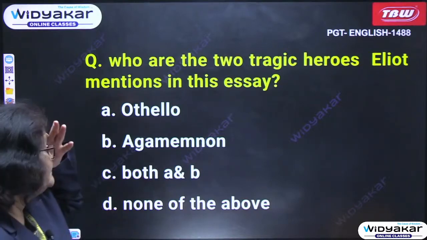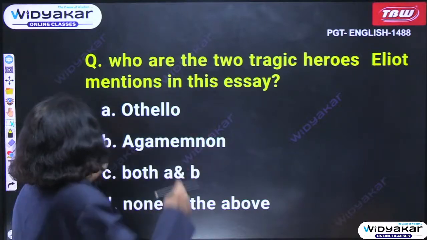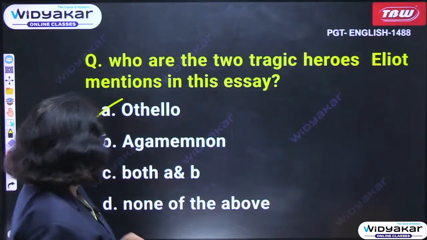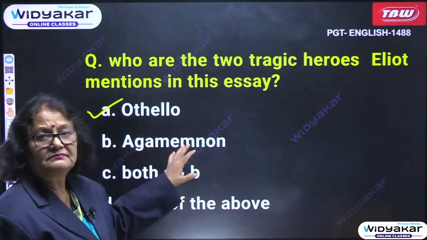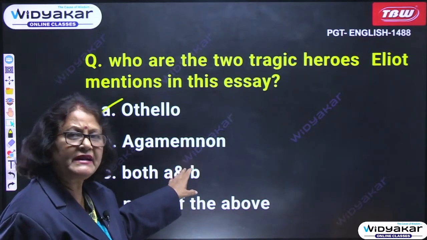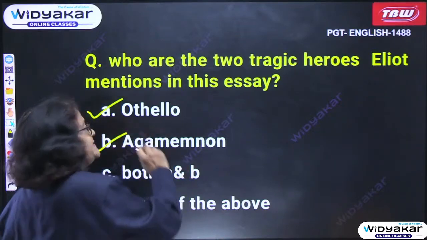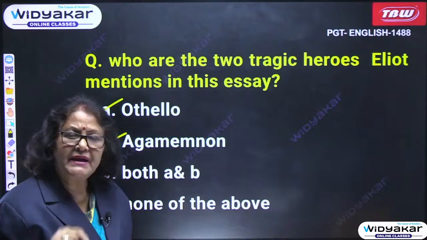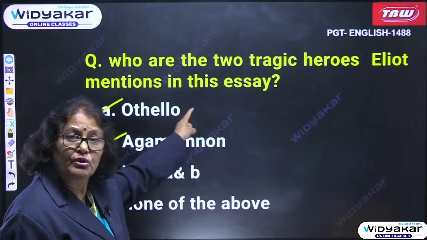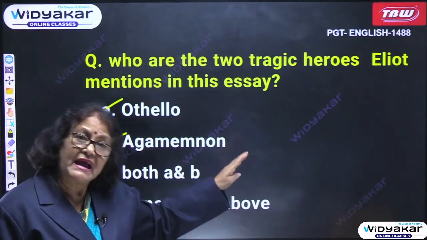So Eliot cites these two tragedies: Othello, and Agamemnon by Aeschylus. Agamemnon is a Greek tragedy written by Aeschylus. The protagonist of Othello is Othello, and the protagonist of Agamemnon is Agamemnon.